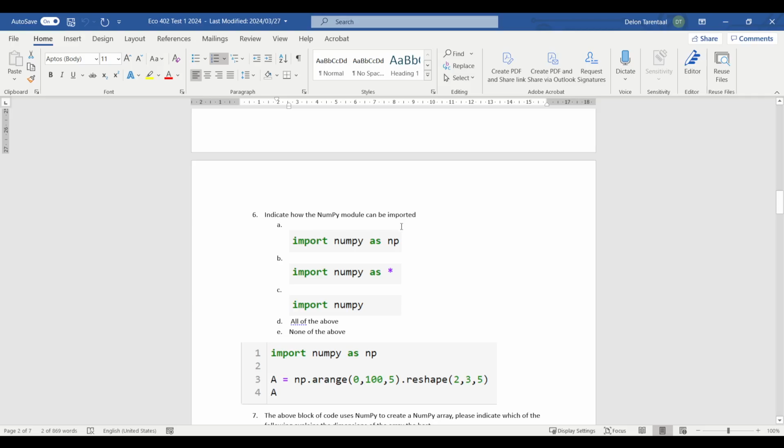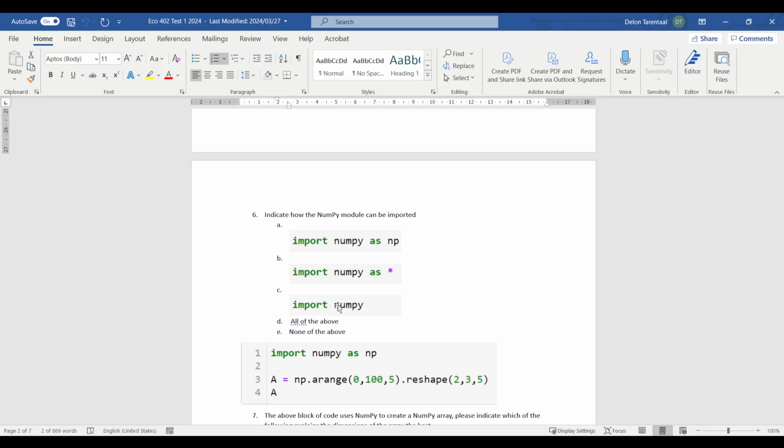I can import it as NumPy. I can import it as star, which means I'm going to import everything without saying NP. And then I can just import NumPy and just say NumPy every time. I said this in lecture 2. Do you guys go over the lectures? Clearly not.